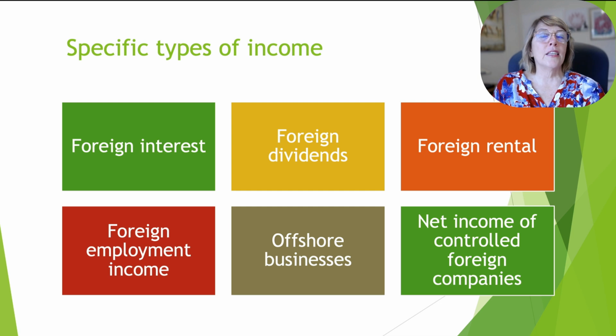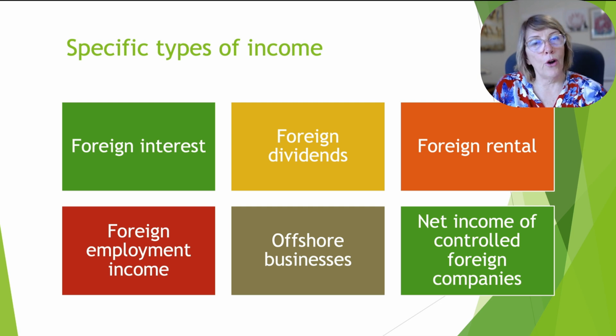And then we've got this anti-avoidance provision that causes you as the shareholder to be taxed on the income of that foreign company as and when the income is earned. So it creates a bit of a flow-through rule. But it's quite complex. We're not going to get into that in this video. We're just going to talk to these other main types, and I'm not even going to get into offshore businesses, okay? Because that's a subject all on its own.